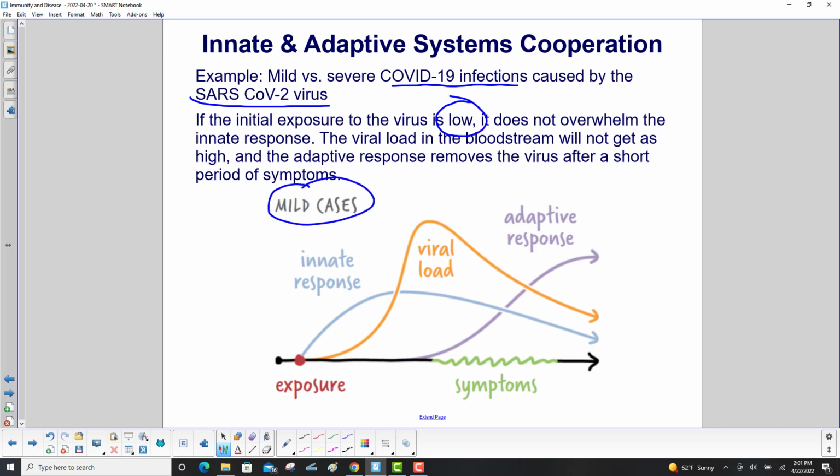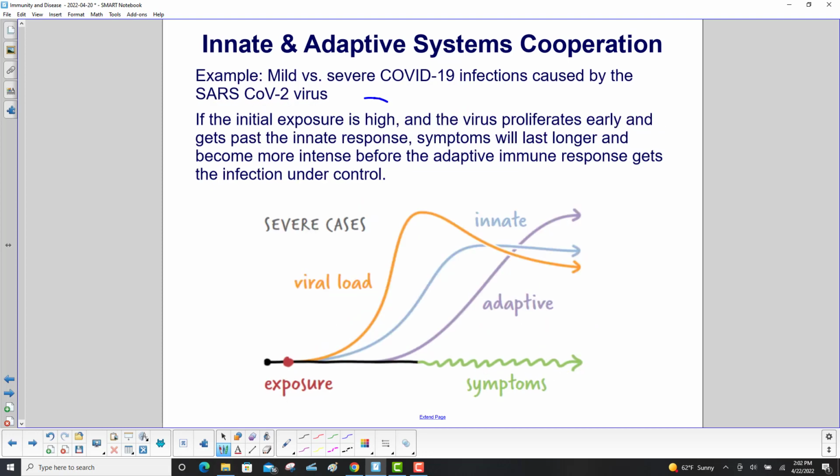The viral load in the bloodstream will not get as high, and the adaptive response removes the virus after a short period of symptoms. It doesn't have as much to do. So here's your innate response. Here's the viral load. It starts off, doesn't get terribly high, and then it's already coming down by the time the adaptive response kicks in. So the symptoms don't last very long.